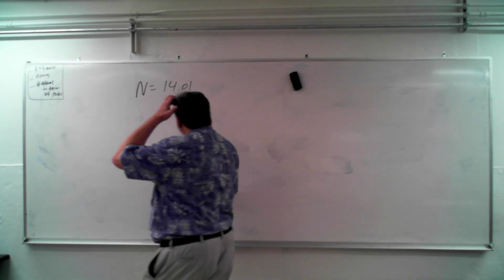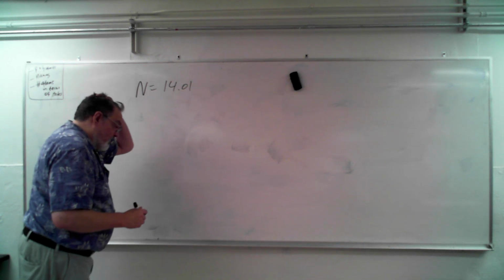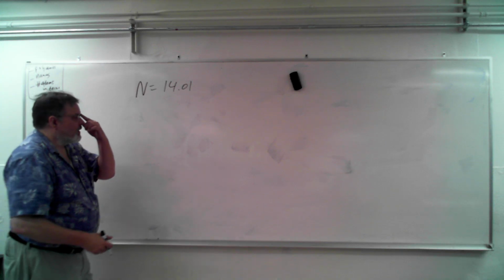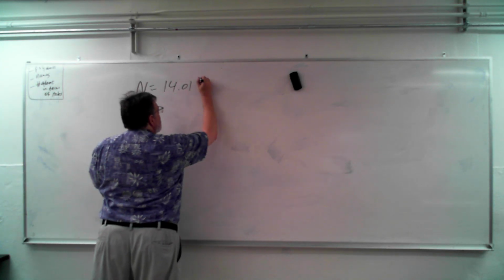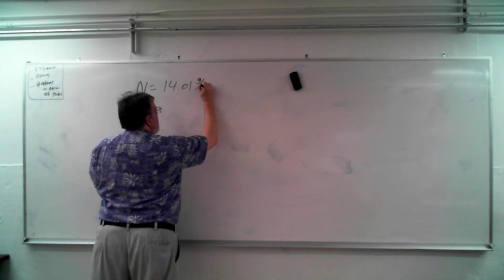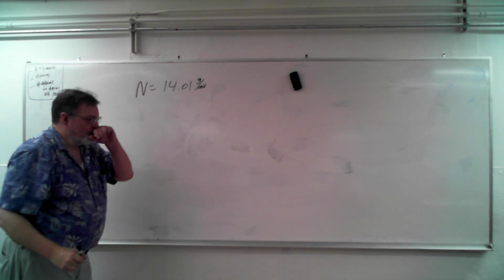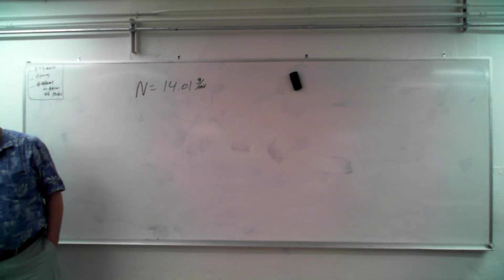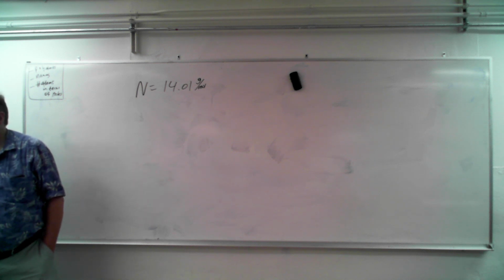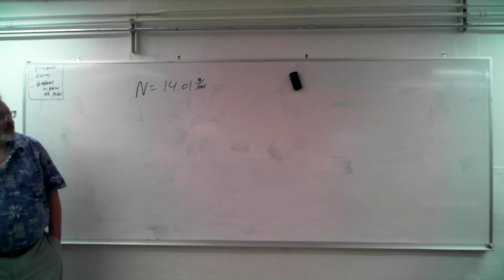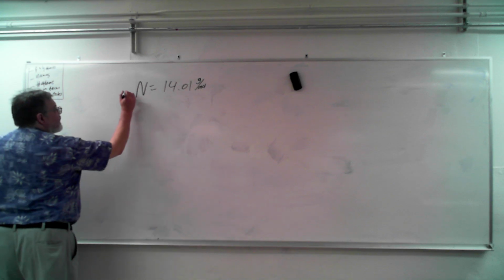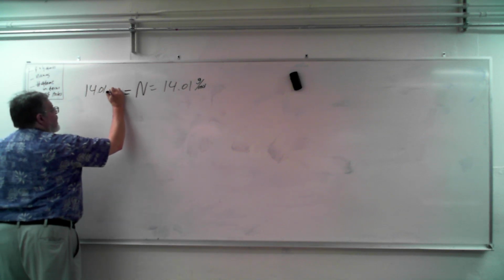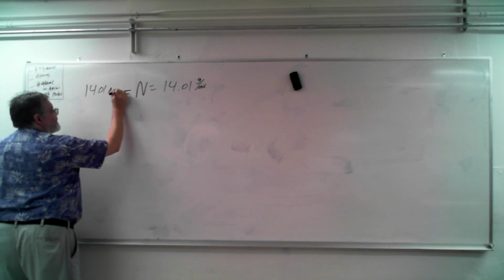14.01. The units here, if we sort of leap out of thinking about neutrons and isotopes, that's the units on that 14.01. They don't typically put the units on the periodic table. It's equivalently AMU, atomic mass unit.